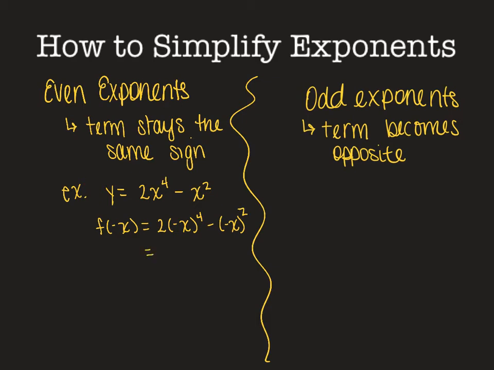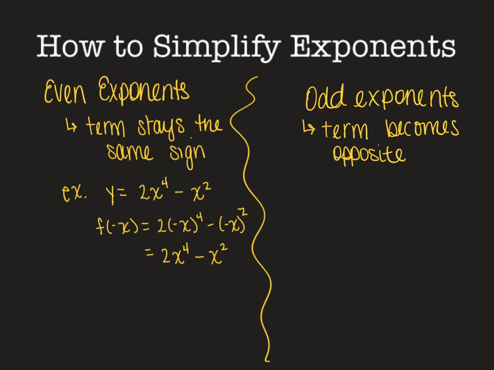When it's an even exponent, that term will stay the same sign, because now your variable will become positive. It's not going to change anything. So we're going to end up with 2x to the 4th. And again, we have this negative x squared. It's an even exponent, so this minus sign for the term is going to stay, and this becomes x squared. So the signs stay the same.